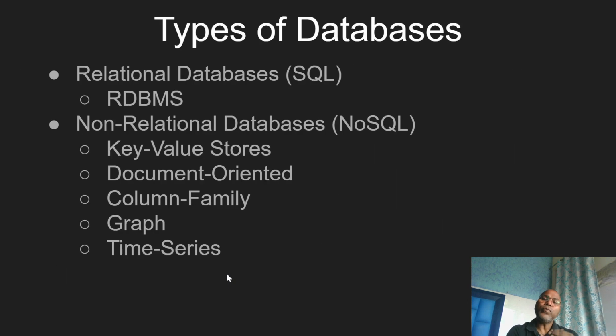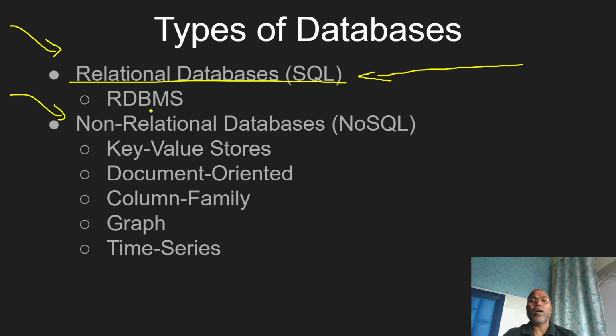Okay, so if we talk about the categorization of databases, broadly I'm going to talk about relational databases and non-relational databases. A couple of decades before, initially, we were using only the relational database, known as RDBMS or structured query language.